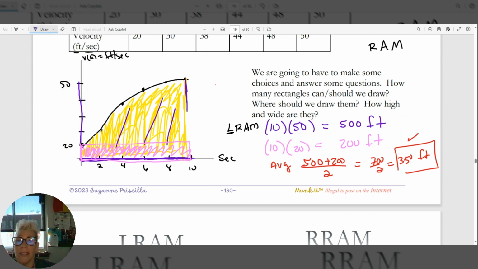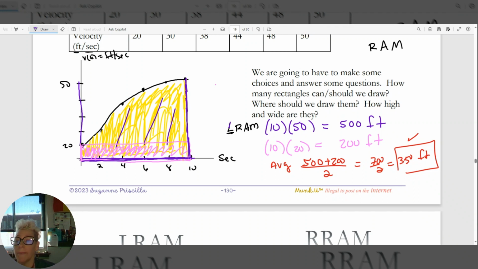When we did this first rectangle, we used the time interval of 10 seconds as our width, but our height was on the left-hand side of this whole area. So that was a left rectangle approximation method.